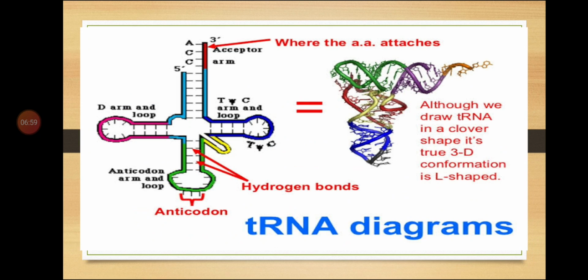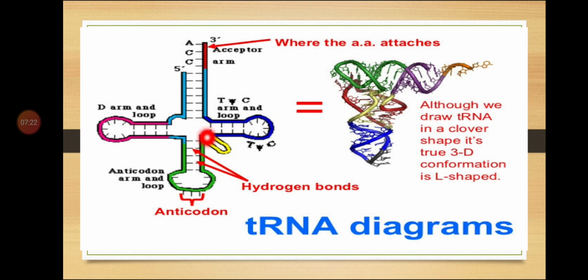Next, see here the two structures. This is the two-dimensional structure of tRNA, and this is the three-dimensional structure of tRNA. Same tRNA, three-dimensional structure. See here, 3 arms: DHU arm, T-Psi-C arm, anticodon arm.